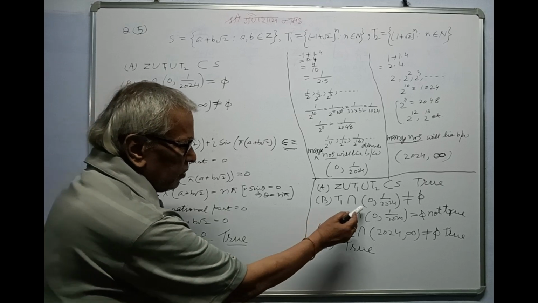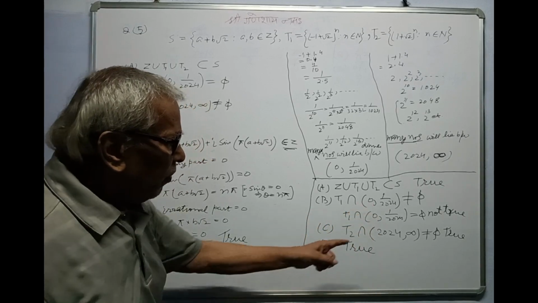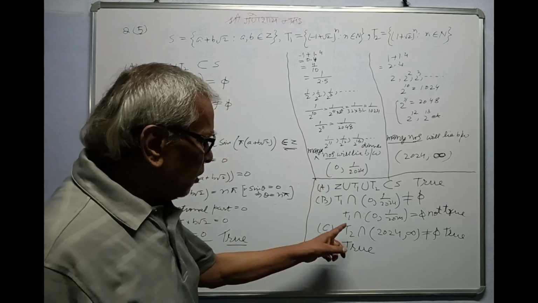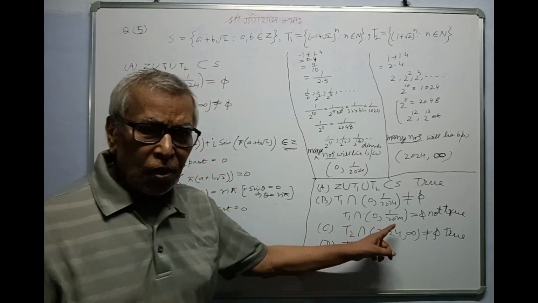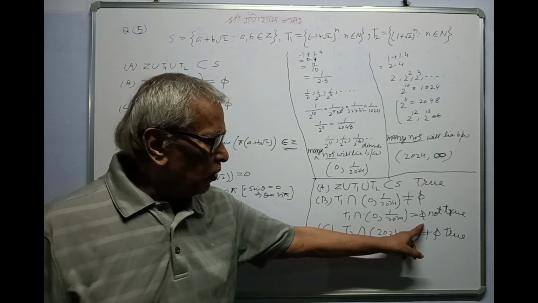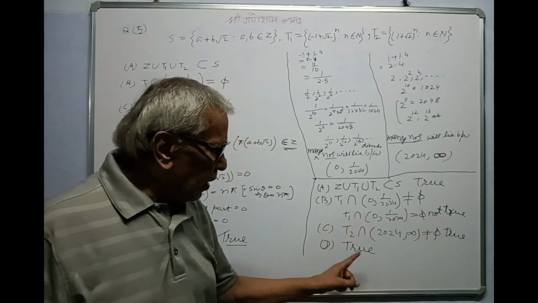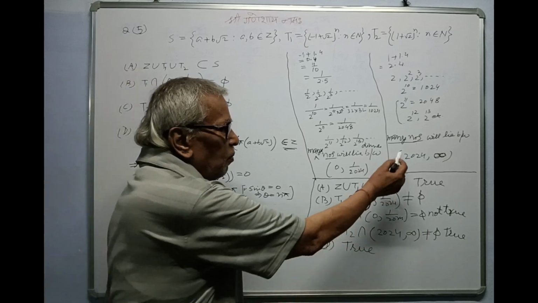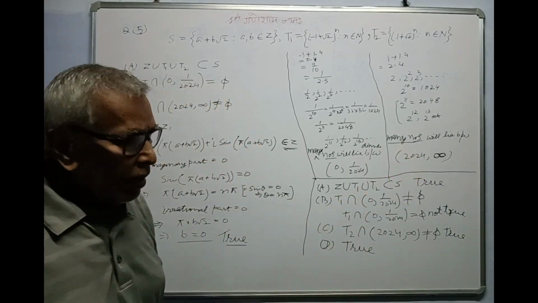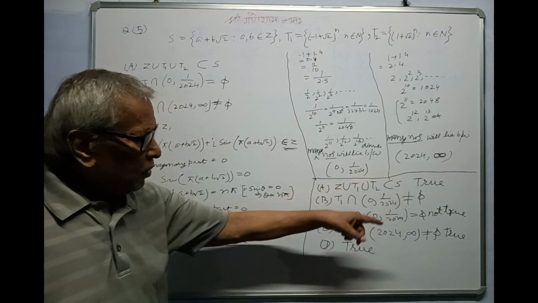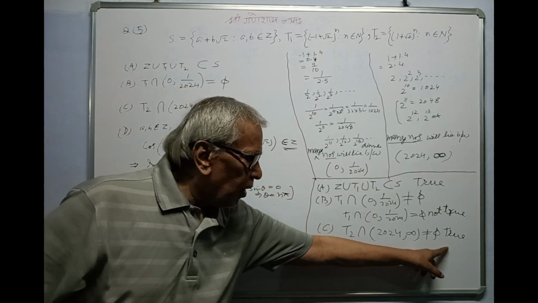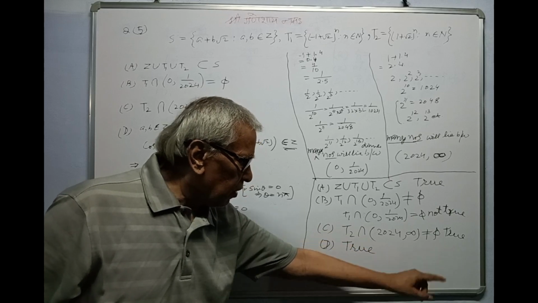Now T1 intersection (0, 1 by 2024) is not equal to empty set, because many numbers will lie between those two. But it is given that it is equal to empty set, so this is not true. Again, T2 intersection (2024, infinity) is not equal to empty set, because many numbers lie between these two. So this is true. It is a statement given.